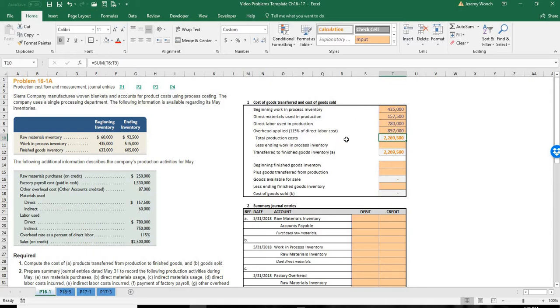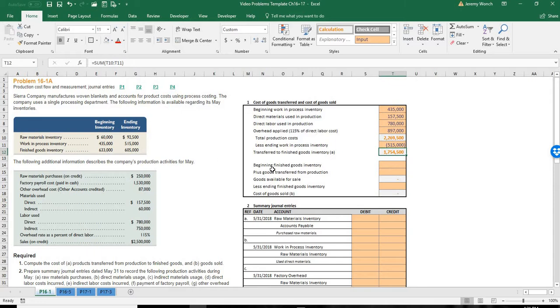To figure out what we transferred to finished goods, we need to take out what's still in process, which is our ending inventory balance of 515,000. So what we transferred out of work in process to finished goods is 1.7545 million. Now we want to calculate our cost of goods sold.